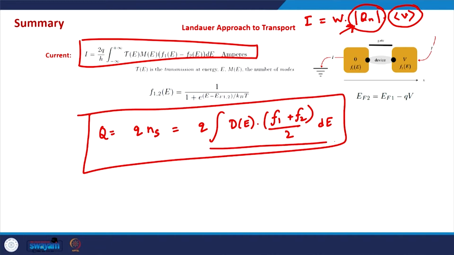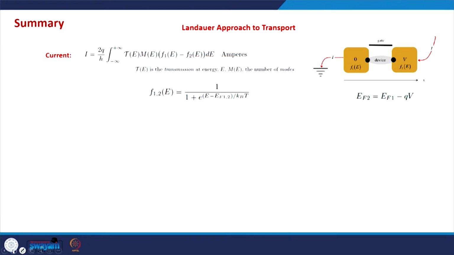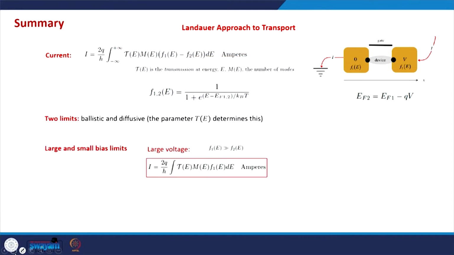So this is the total number of charge carriers at steady state in the channel. Q is the charge. In this case it will be negative, so we will use a negative sign while doing the discussion of the charge in the MOSFET.